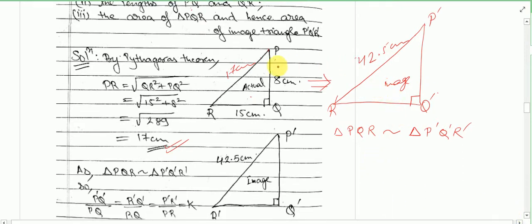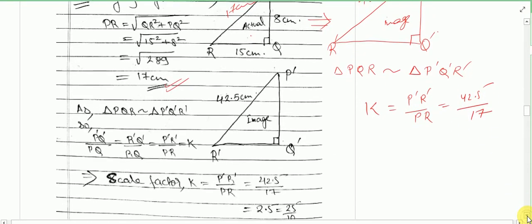Corresponding to PR we have P dash R dash. Sorry, for scale factor K, always write the model or image length in the numerator. So it will be P dash R dash upon PR, which is 42.5 upon 17.